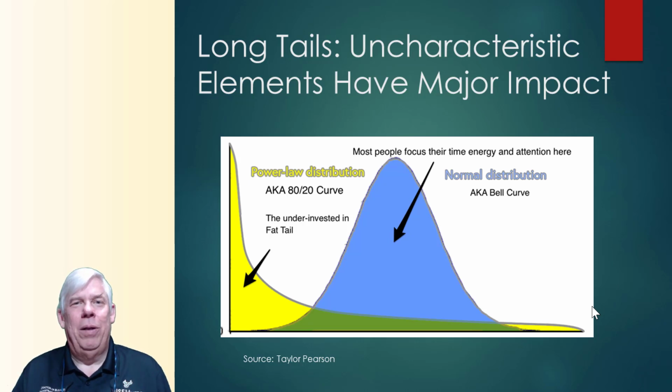A good example of something that exhibits this type of behavior is earthquakes. If earthquakes were distributed according to a normal distribution, then you'd never have a very big earthquake. Whereas if they're distributed according to a power law distribution, from time to time you will get an earthquake that is very, very big.